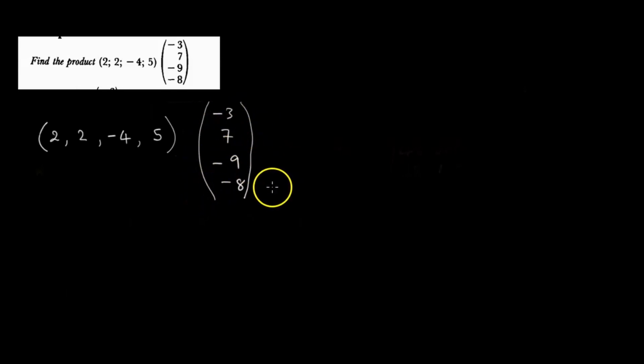Saka tanyora our row matrix panapa because we have one row and 1, 2, 3, 4 columns. This is multiplying minus 3, 7, minus 9, minus 8, 1, 2, 3, 4. Saka this is a 4 by 1 matrix, meaning it's a column matrix.